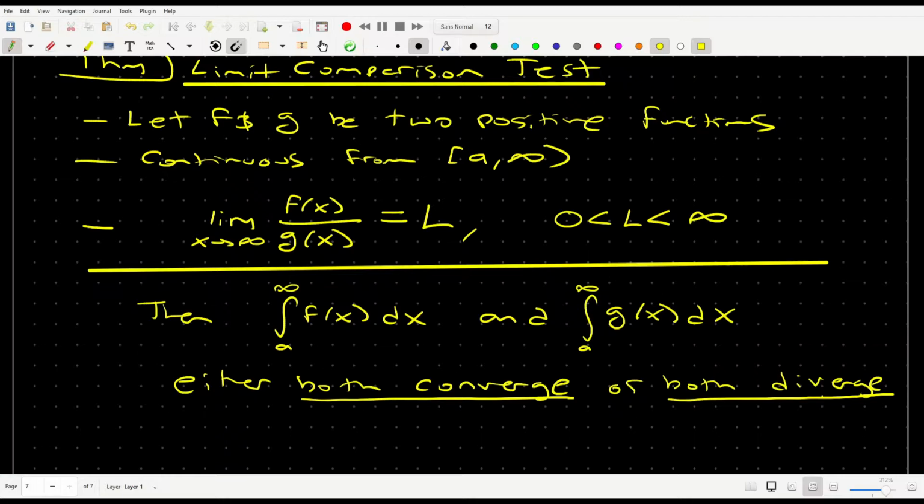And we use that comparison function, and as long as the limit of the ratio of these two functions is equal to L, where L is some value 0 to infinity, we know that these two functions' improper integrals are going to have the exact same behavior. They're either both going to converge or they're both going to diverge. So let's see this applied to a number of different examples.